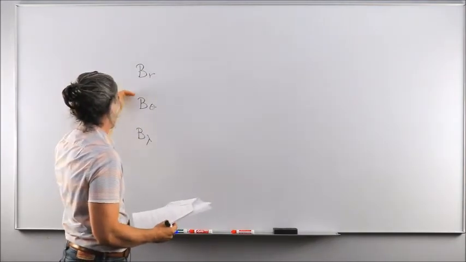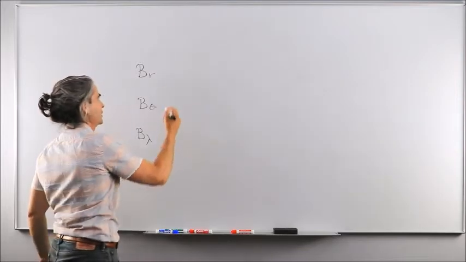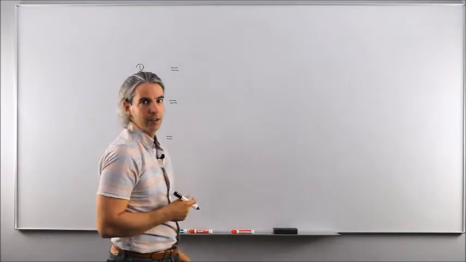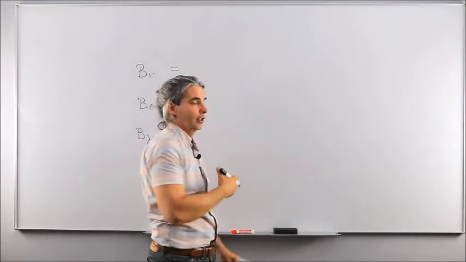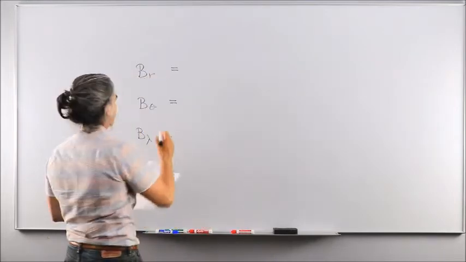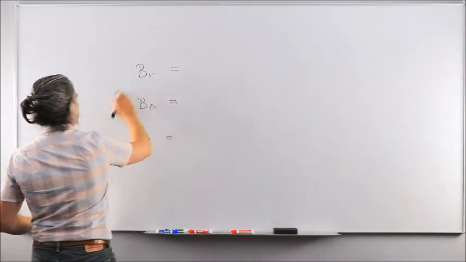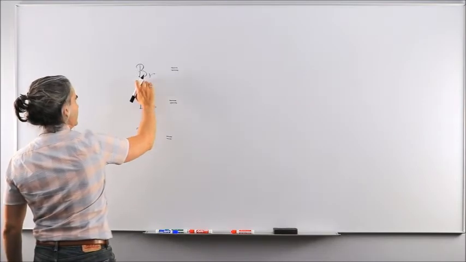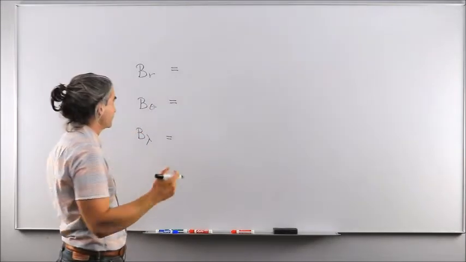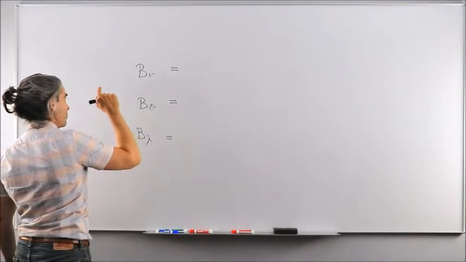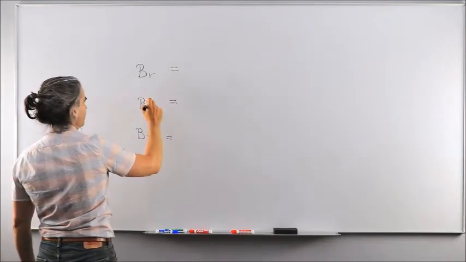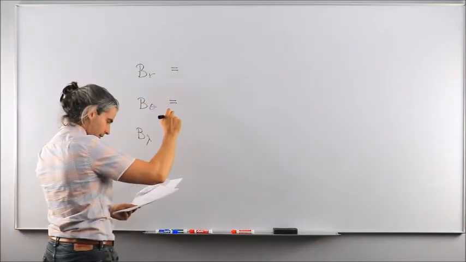I'm going to give you the relationships for these three things, which we'll see will no longer be a function of g and h as they were in V. They're going to be a function of different versions of g and h, which I will then define for you. Okay? So B r is the x component of the magnetic field vector obtained by the gradient of the magnetic potential function in a reference frame that has its x unit vector radially out, its y unit vector, how is it called?